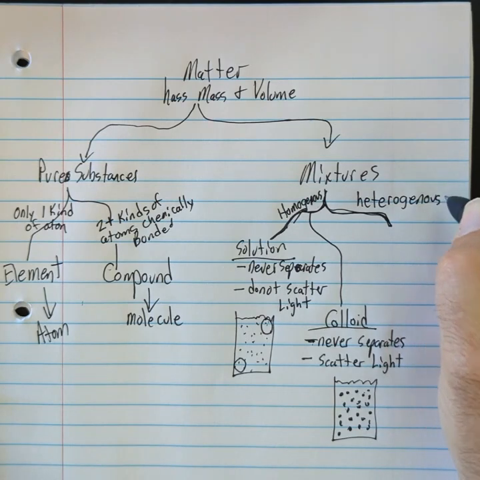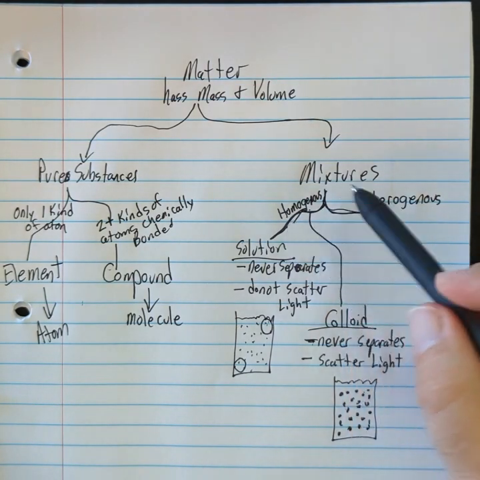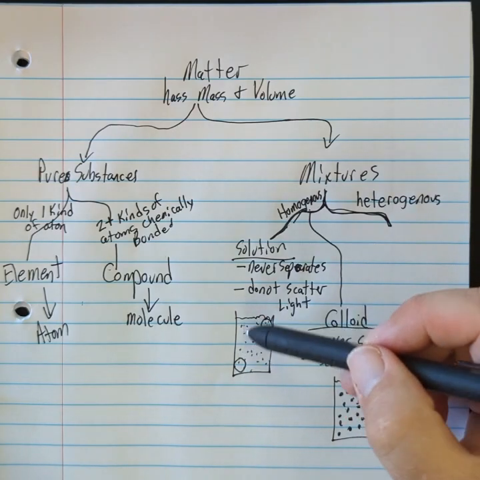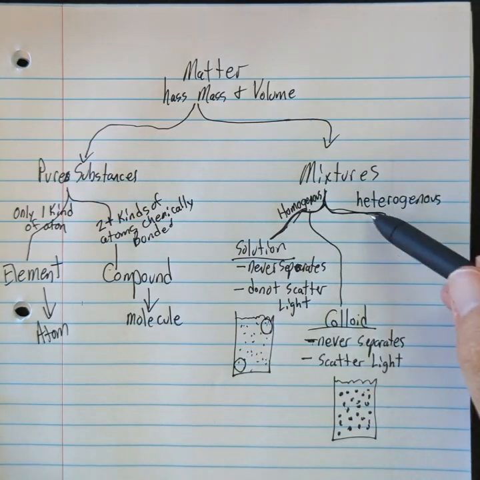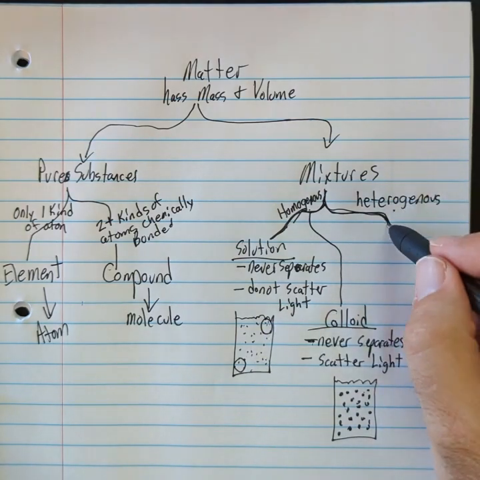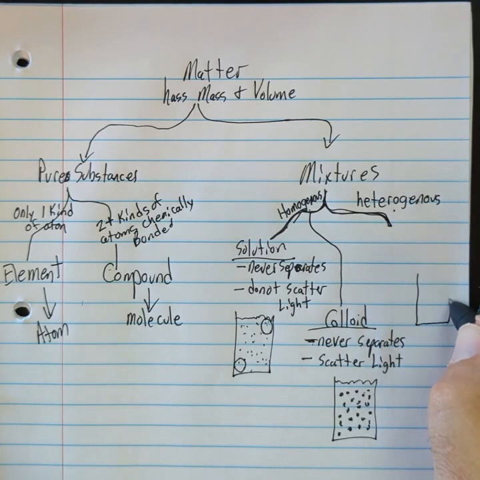So let's review our root words. Gen means origin, homo means the same. So everything in here has the same origin, so it's the same throughout. Hetero means different. With heterogeneous, think about muddy water.